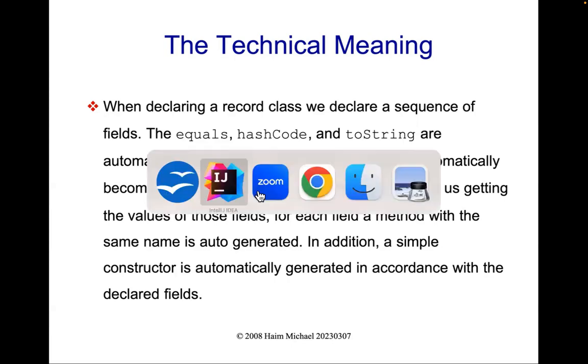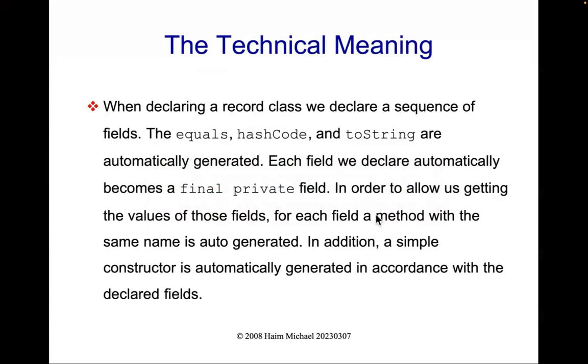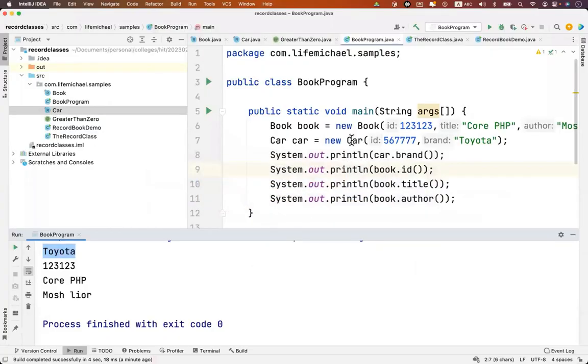So here, for instance, we can imagine that every car object has two instance variables, ID and brand, and both of them are private and final. And as we have just seen, for each field, we get an auto-generated method for accessing the data of that field. And in addition, we get an auto-generated simple constructor we can use in order to instantiate the new type we created.